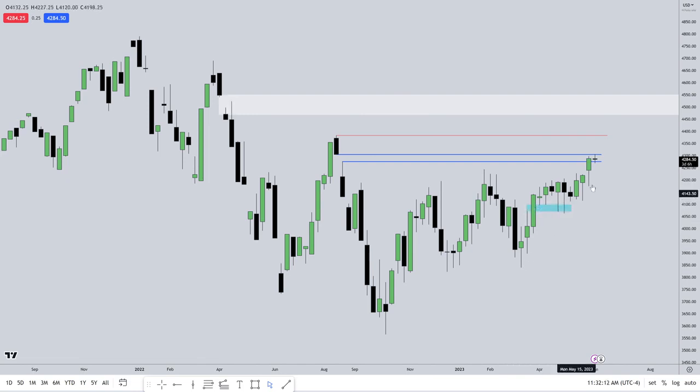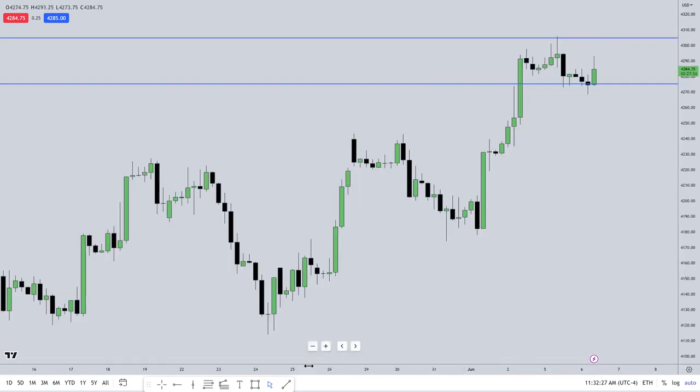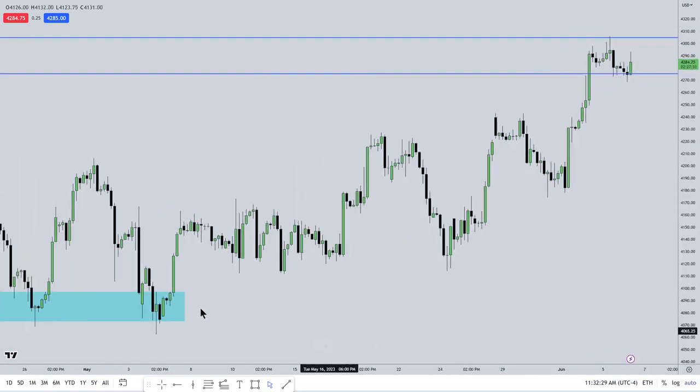So let's go into a lower time frame discussion on ES. Let's just drop down to 4 hour. So here's that daily discount fair value gap.